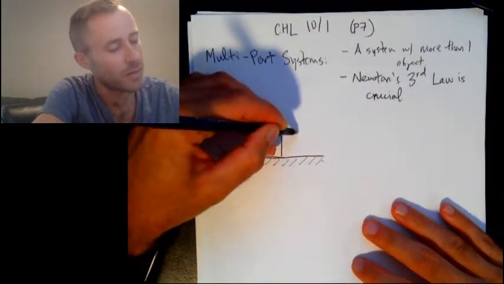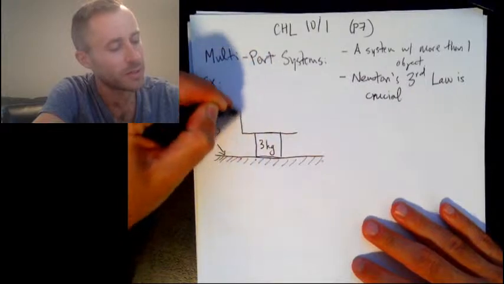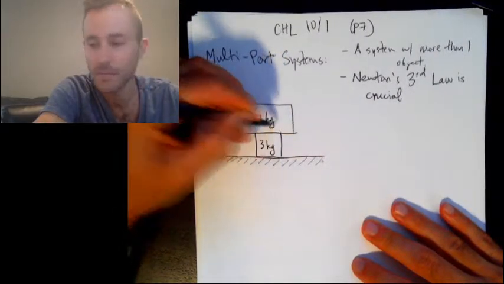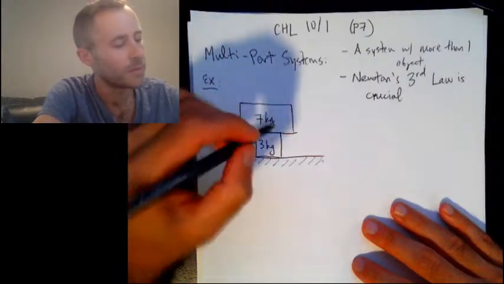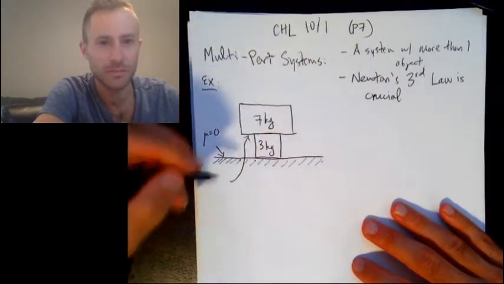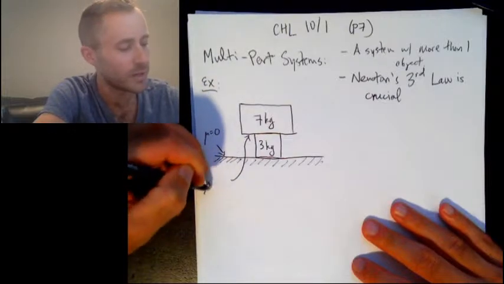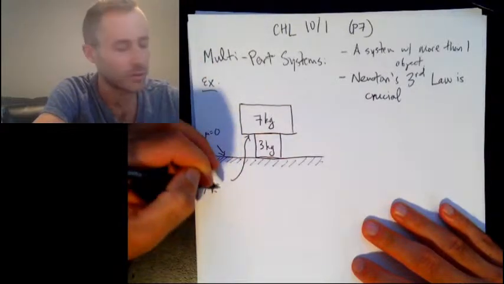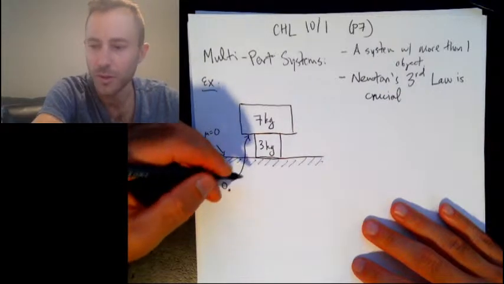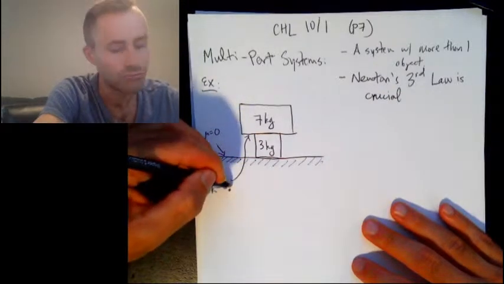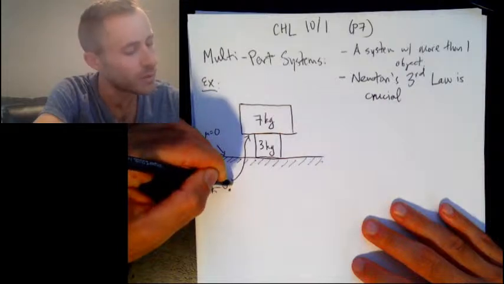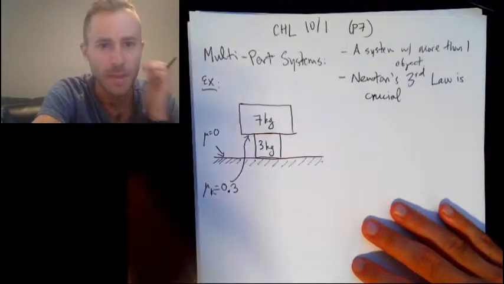And then on top of that is a 7 kilogram block. Between the blocks, there is friction. There is a coefficient of kinetic friction equal to, let's make it 0.3. Okay?